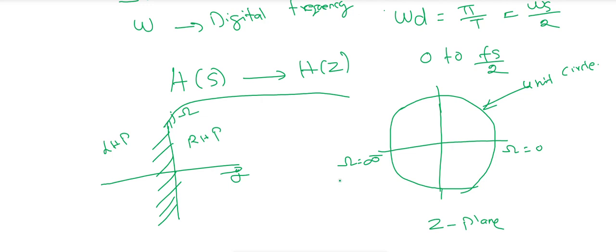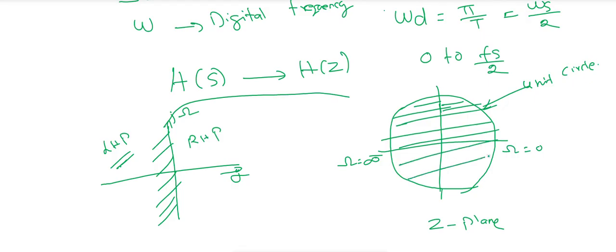So the points in the left half of the S plane are mapped inside the unit circle. And all the points in the right half of the S plane will be mapped outside the unit circle.